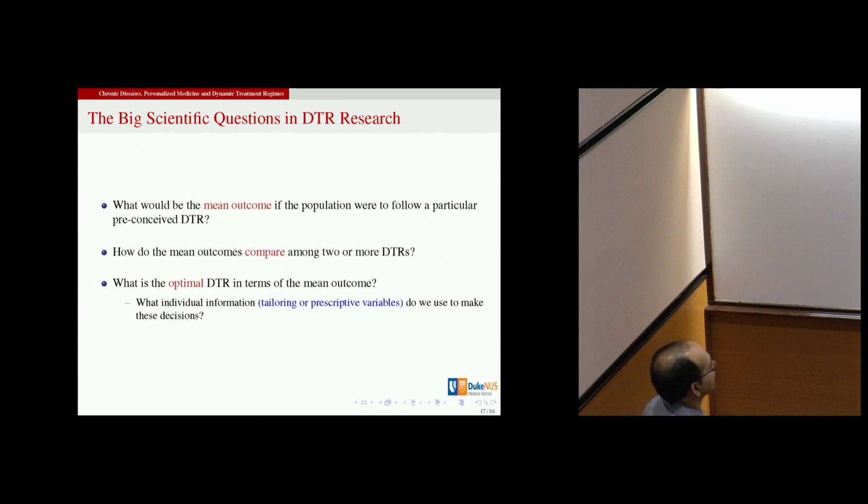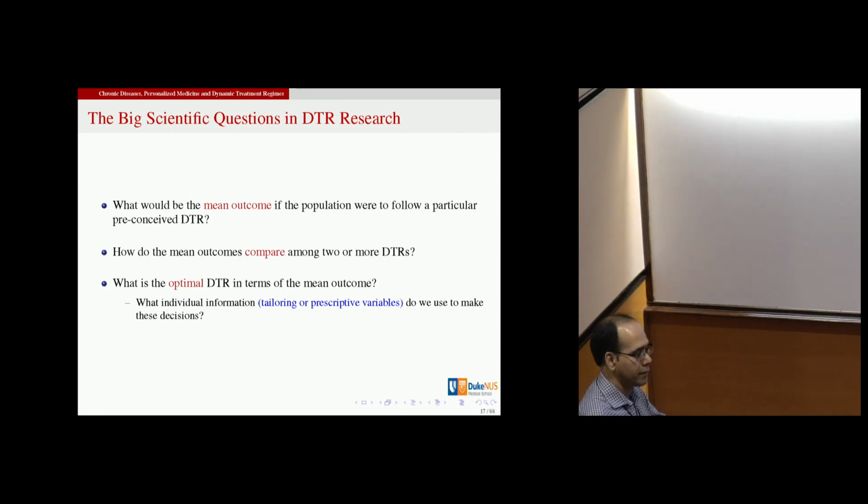And then the final thing, which is probably the most important, but typically not the primary goal in a trial setting, is essentially the secondary analysis type of question. What is the optimal DTR in terms of the mean outcome? And when we talk about optimality, the natural question is what individual information, which can be called tailoring variables or prescriptive variables, do we use to make those decisions?